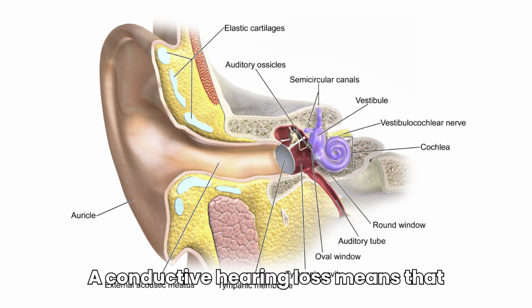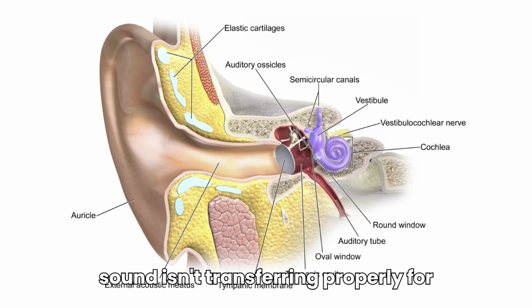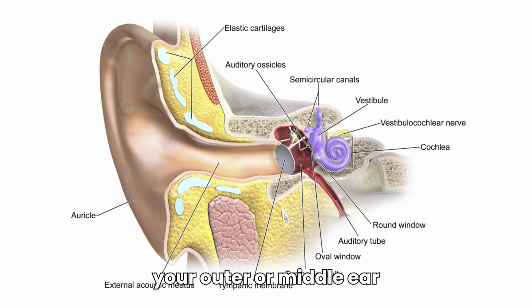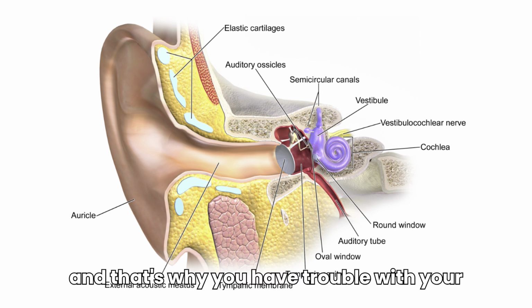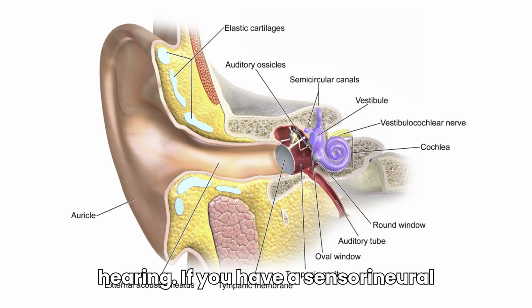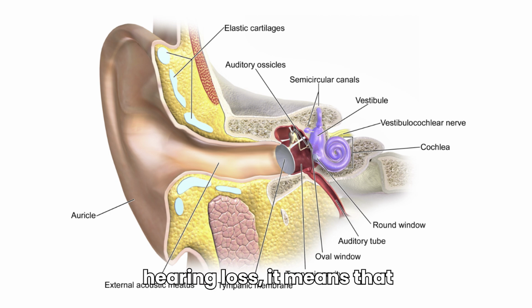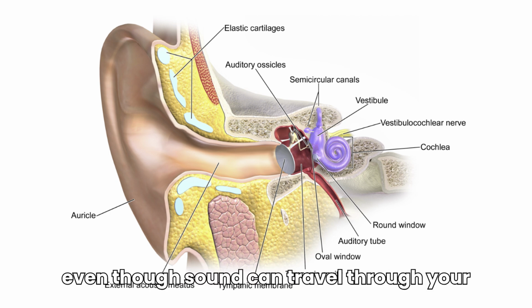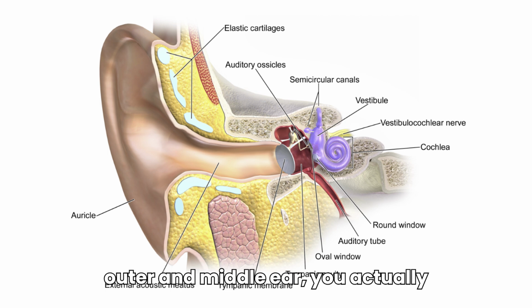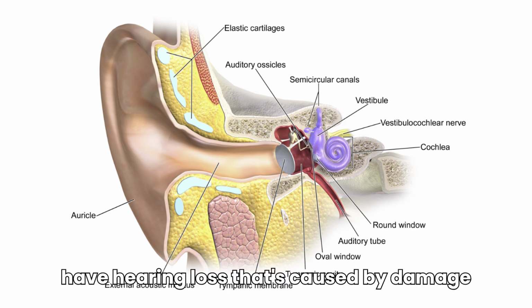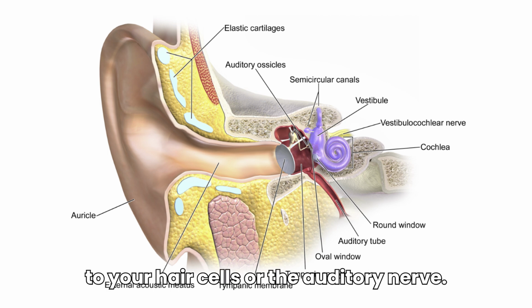A conductive hearing loss means that sound isn't transferring properly through your outer or middle ear, and that's why you have trouble with your hearing. If you have a sensory neural hearing loss, it means that even though sound can travel through your outer and middle ear, you actually have hearing loss that's caused by damage to your hair cells or the auditory nerve.